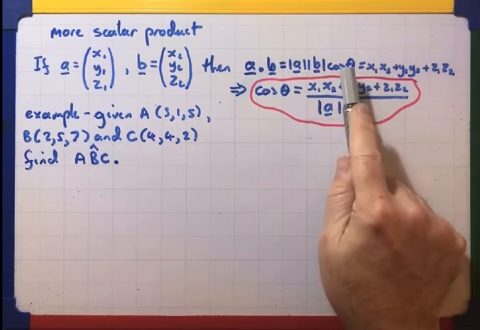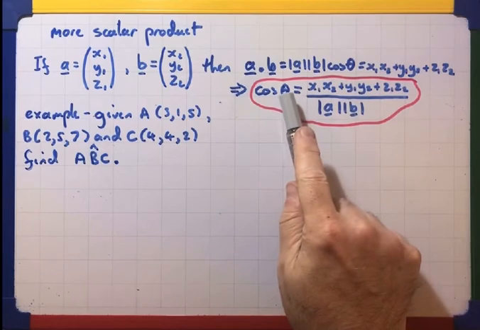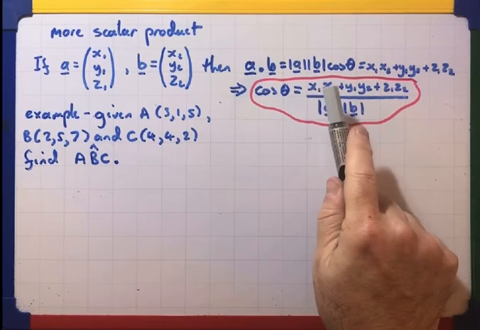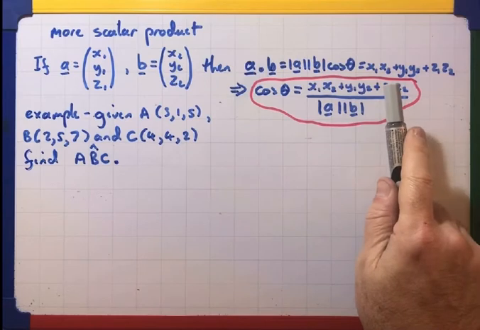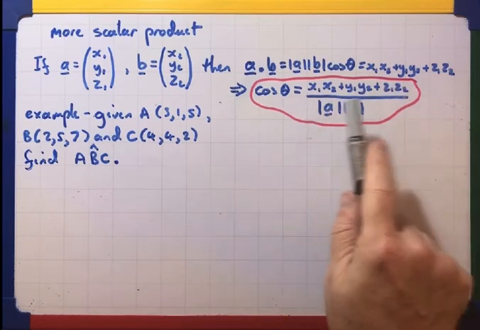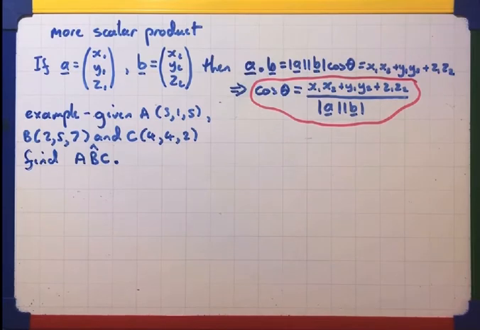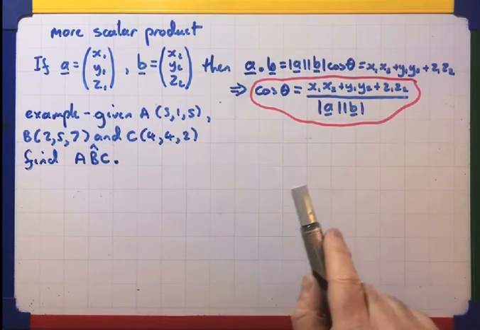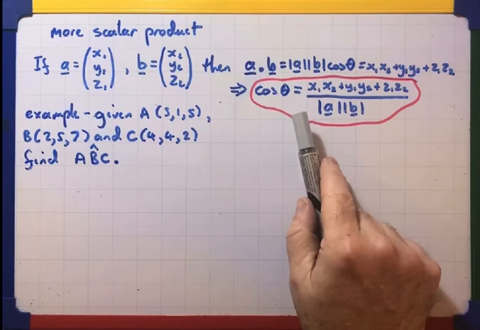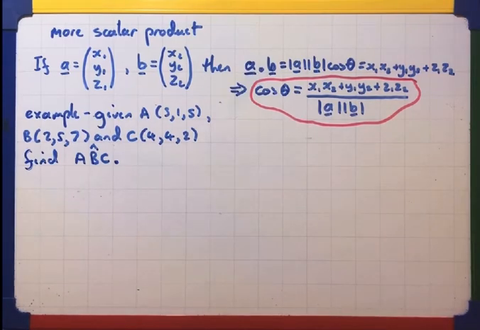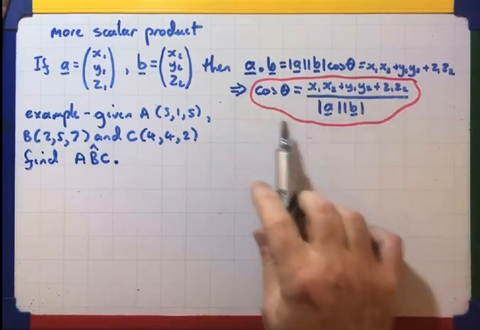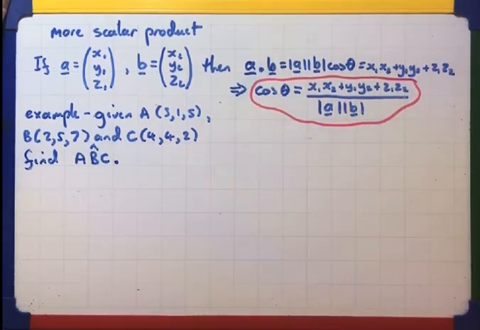So we can rearrange this so cos theta is equal to x1 x2 plus y1 y2 plus z1 z2 over the magnitude of A times the magnitude of B. And that enables us to work out the angle between two vectors.